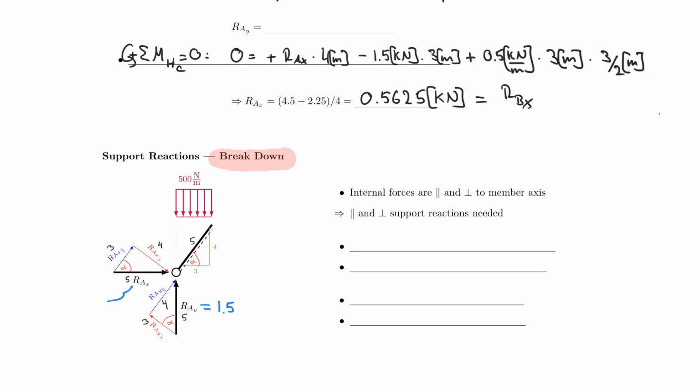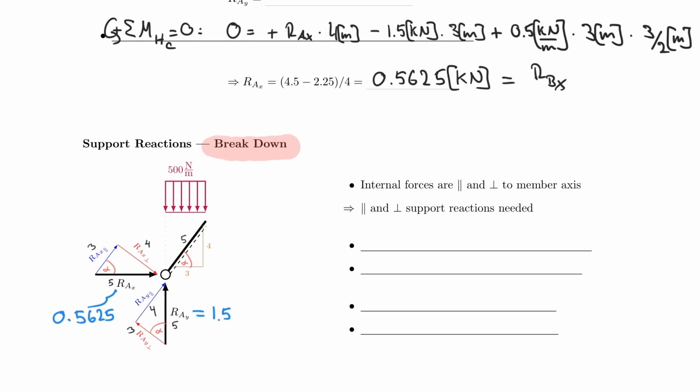Whereas RAX is equal to 0.5625. So let's do the math. RAX parallel is equal to RAX multiplied by 3 divided by 5.